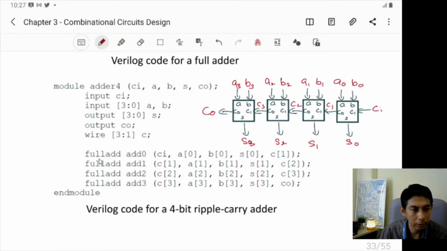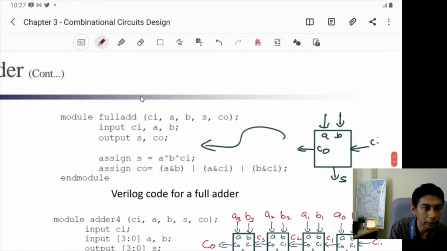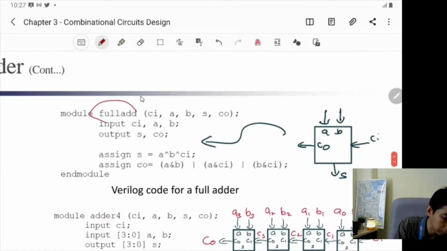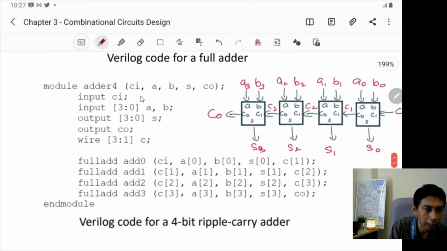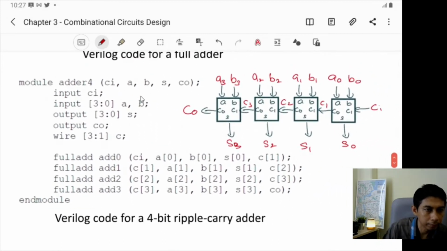So this is how. We call the previous adder, the name is full ADD. So here, this is the name, full ADD. And the name for the unit 1 here is ADD 0.